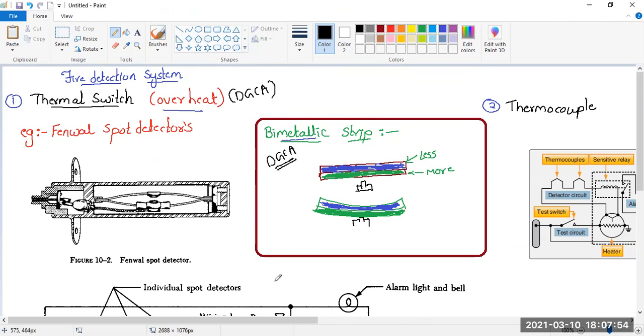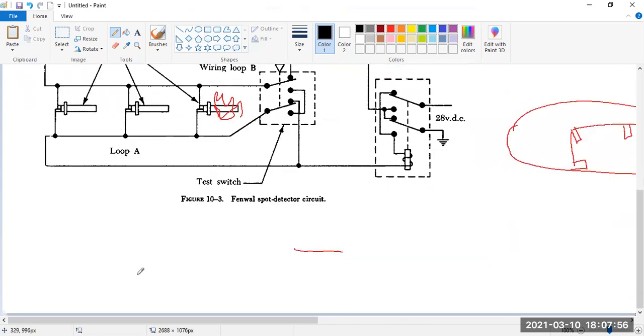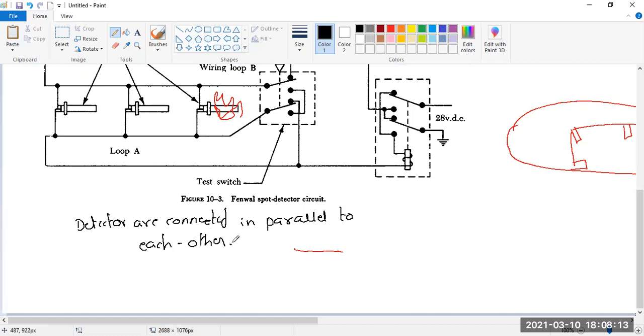And in this there are two DGCA questions. The first one is detectors are connected in parallel to each other, meaning both are parallel with each other. So there are three detectors, three of them are connected in parallel to each other, and in series with the alarm circuit.